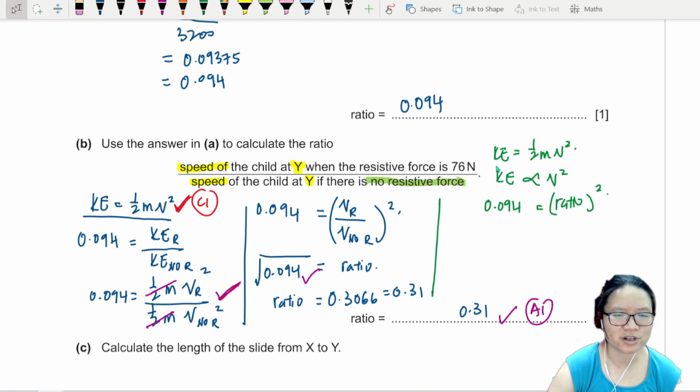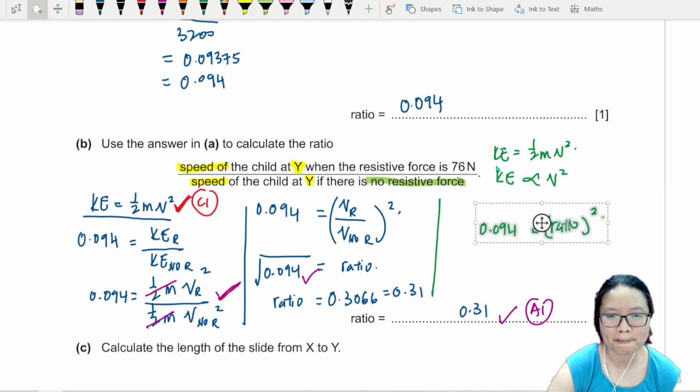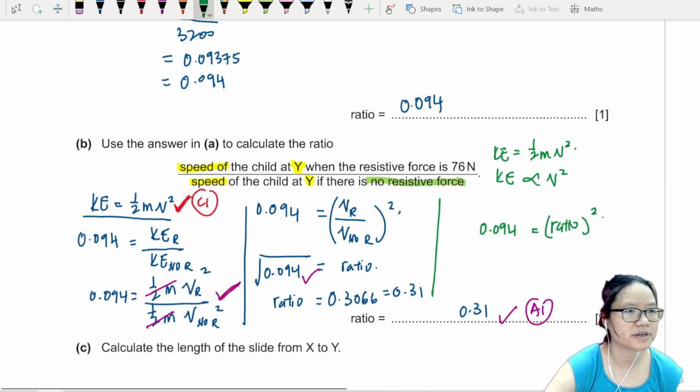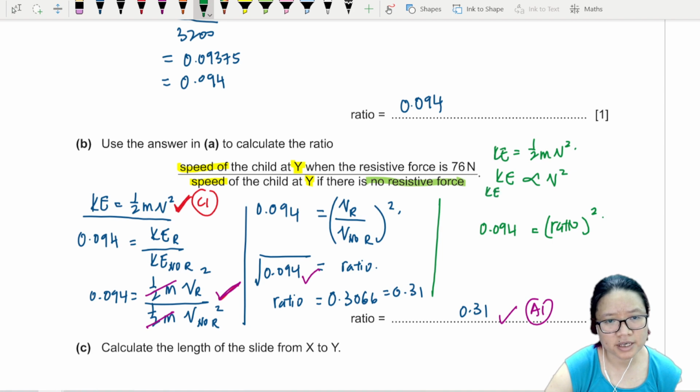And then you can bring over and square root. But let me write another line here for your brain a bit. So KE of r divided by KE of no r is equal to the velocity of r over the velocity of no r, squared.